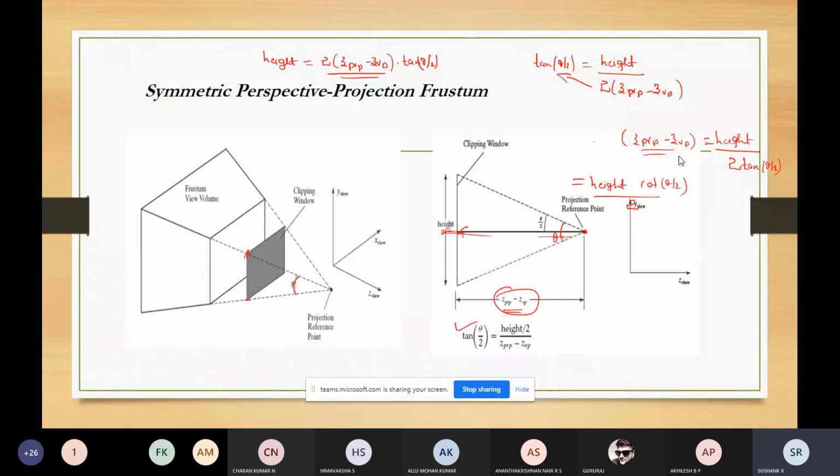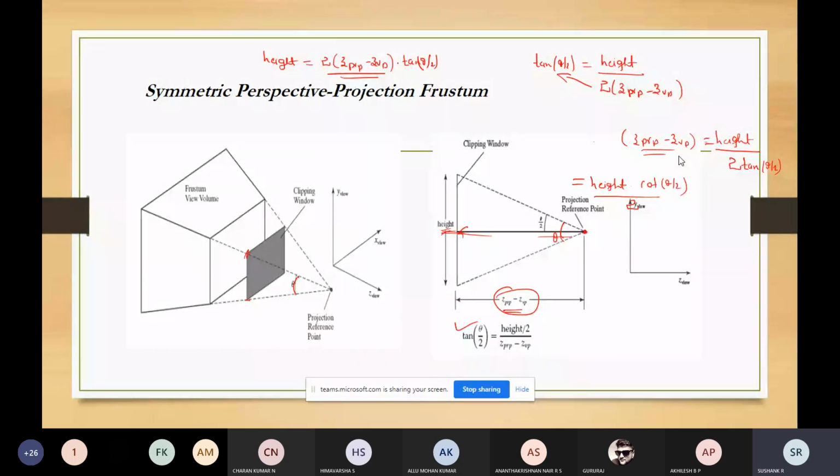That is how the graphic libraries support it. If the field of view angle is decreased in some applications, the foreshortening effect of a perspective projection will also decrease. It is like moving the projection reference point away from the view plane, so that decreasing the field of view angle will also decrease the height of the clipping window.